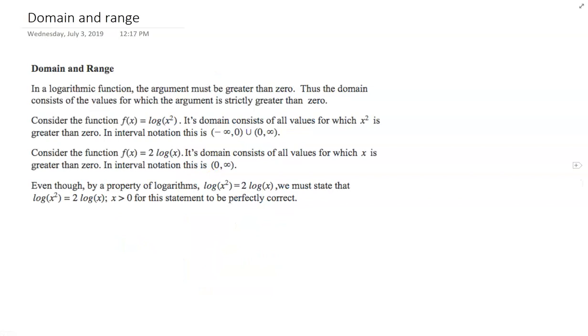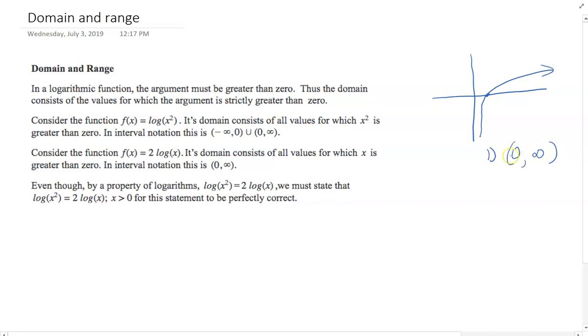Let's talk a little bit about the domain and range of log functions. Remember that in our original log function, your domain was 0 to positive infinity, and your range was negative infinity to positive infinity.